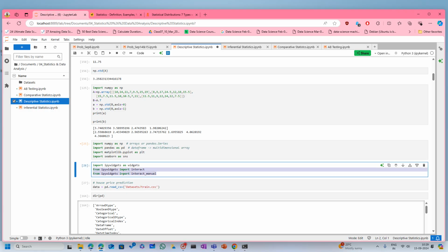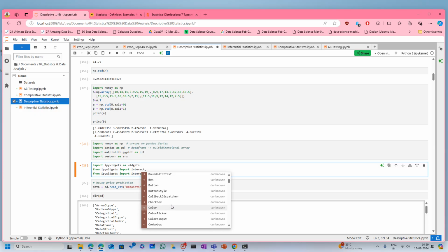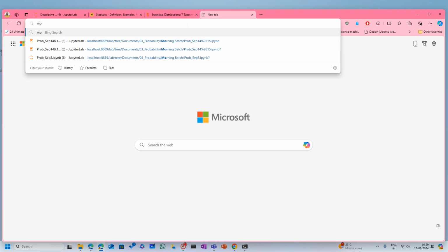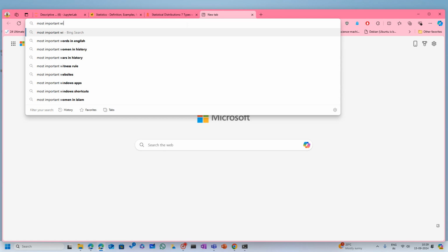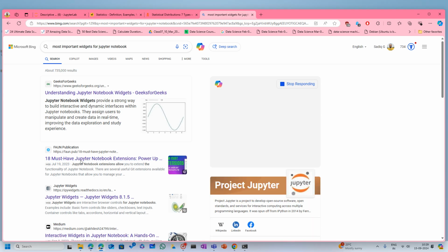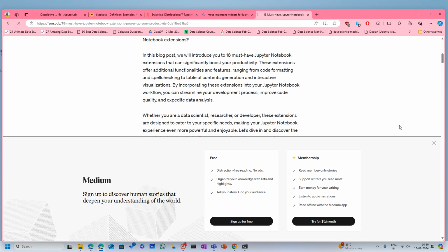See, from ipywidgets import interact. If you give some more, there are lots and lots of widgets, like button and controller, very important widgets. I'll quickly type most important widgets for Jupyter Notebook. This is a very important thing that you have to make use of. There are 18 must-haves. For example, I'm using interact.